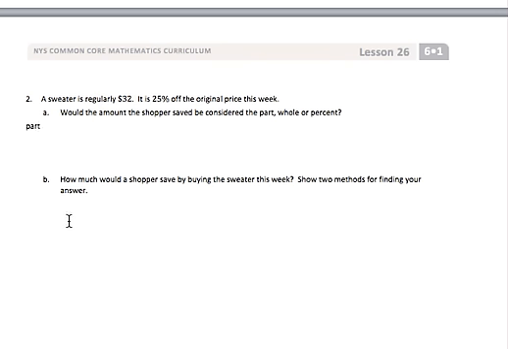The shopper would save, and we need to determine that, 25%, which as a fraction would be 25 over 100. And what we need to know is how much that savings is. So we'll be missing the numerator of our second fraction. In the denominator of our second fraction would be the whole price of the sweater, which is $32. It is $32 regularly.